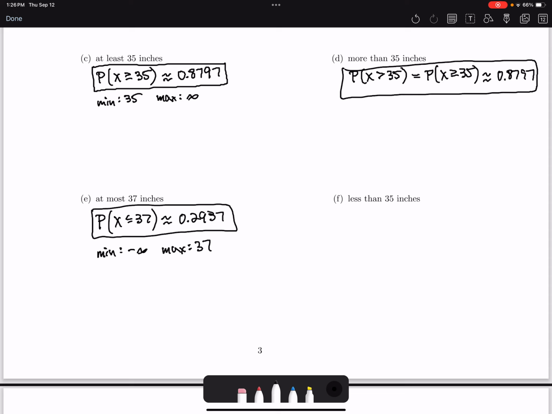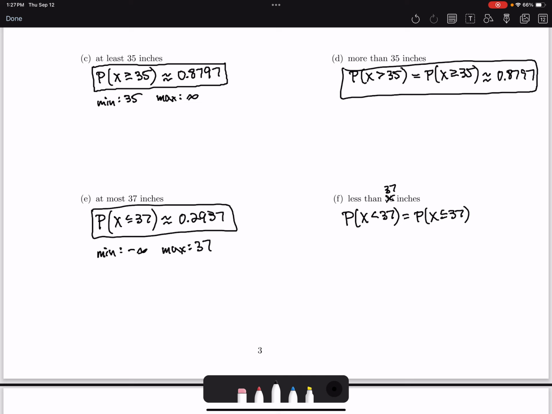Okay, and then finally, for part F, I think I intended this to say less than 37 inches. So I will change that in the notes before I post this video. So yours should say 37 because I wanted to make this point, right? I wanted to say probability x is strictly less than 37 for a continuous distribution is going to be equal to the probability x is less than or equal to 37.